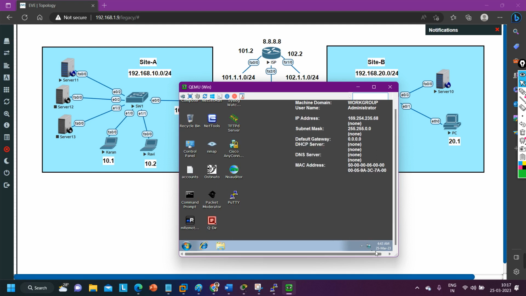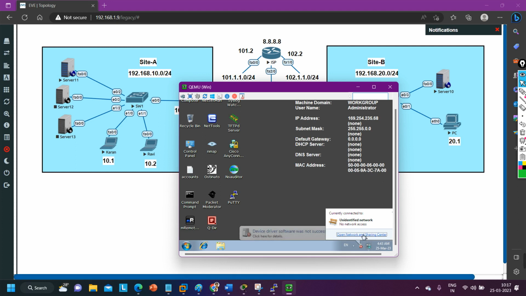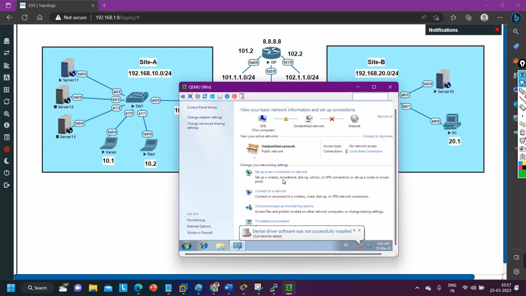Okay, it's saying to restart later. In network settings, in Ethernet, I am going to define one IP address from the same range. Now you can see this machine has an APIPA IP address. It's taking time.